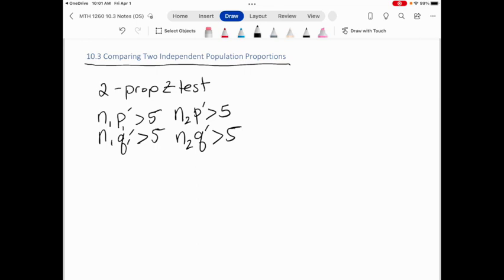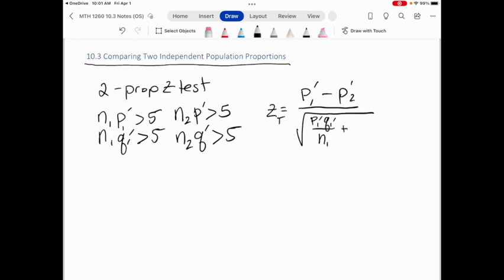Now, if you want to use the formula to find your test statistic, here's your test statistic formula. It's p1 prime minus p2 prime over, and then all under the square root, you're going to have p1 prime times q1 prime all over n1.